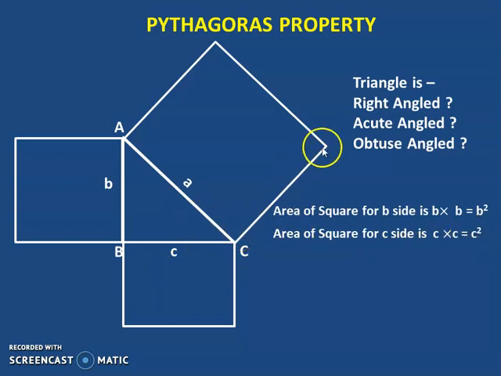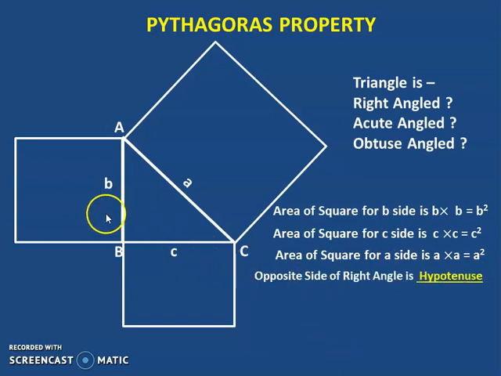For the square on side A, all four sides are A, so the area of the square for side A will be A square.